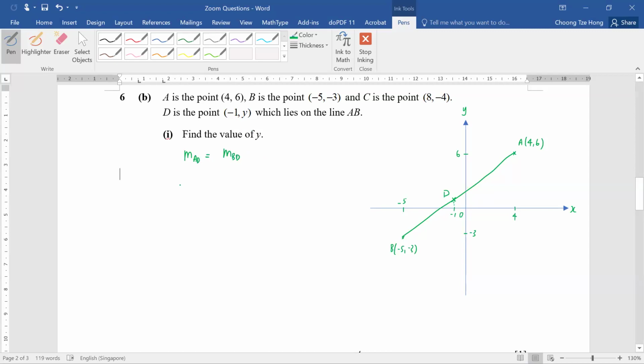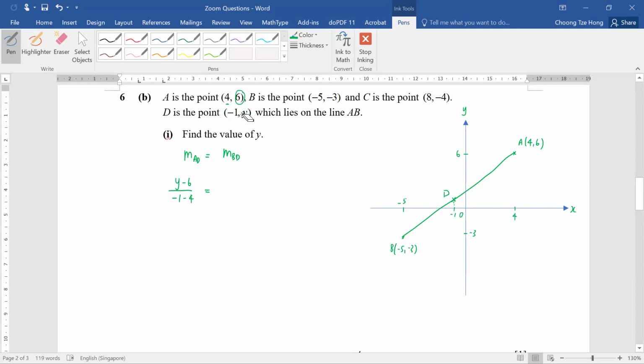Okay, so the formula for gradient is y2 minus y1. Over here I'm going to use this one minus this one for the gradient of AD. So (y - 6) over (-1 - 4). Now we'll do the same thing for BD.